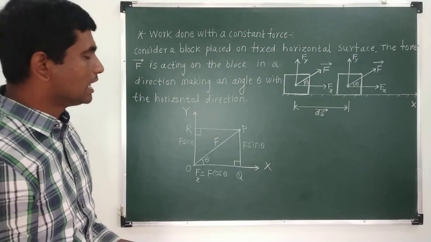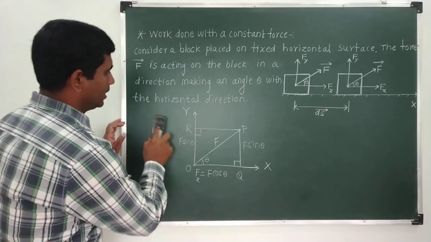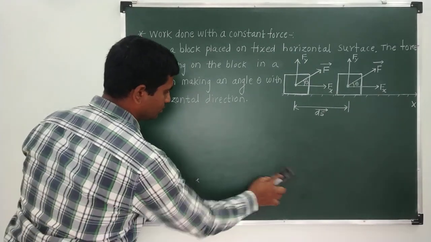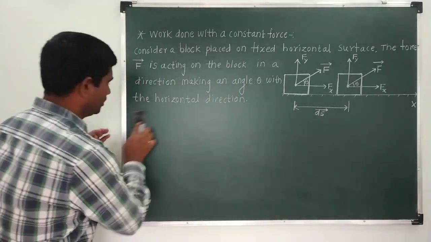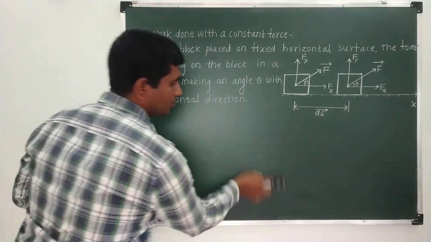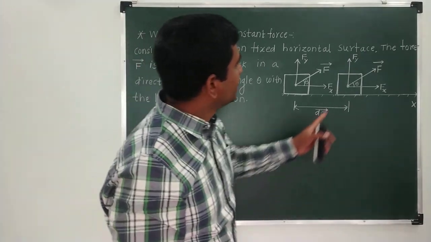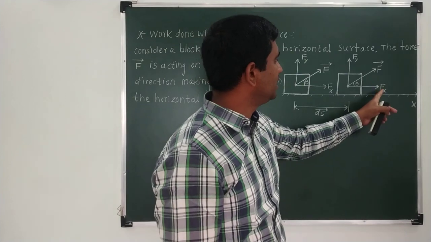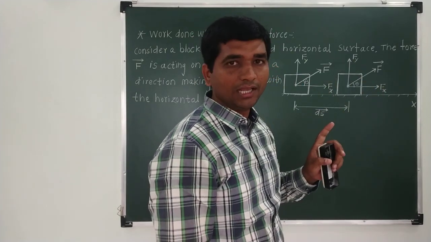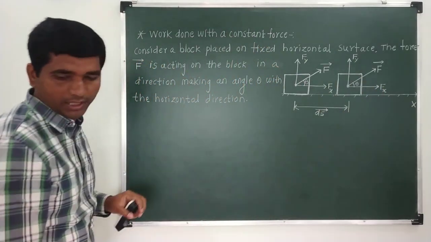Now I can erase this part as well. This was shown roughly for your understanding. Now see here, a given force F bar has been resolved into two components, Fx and Fy.